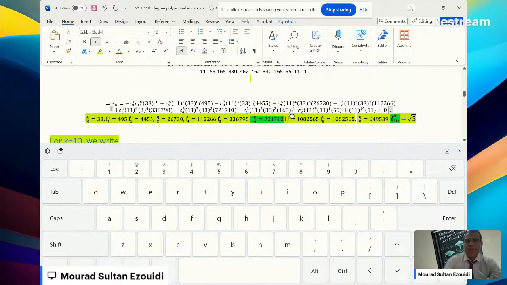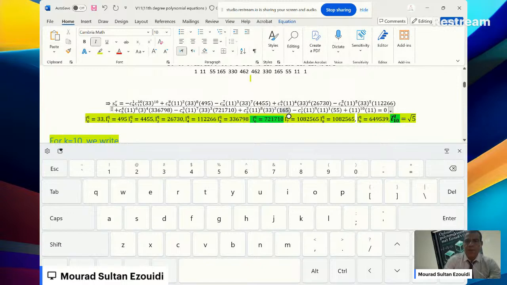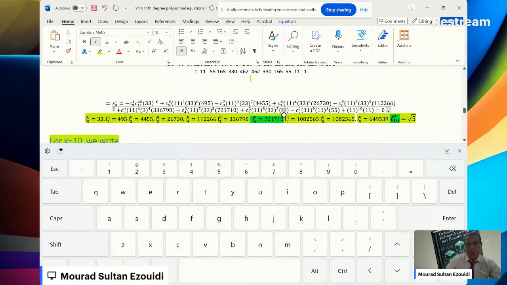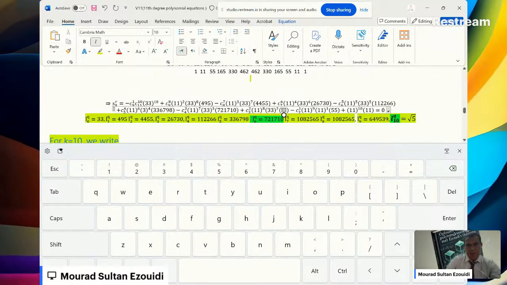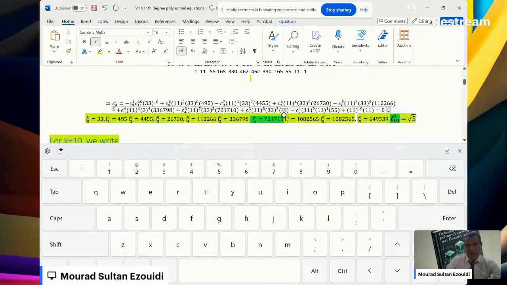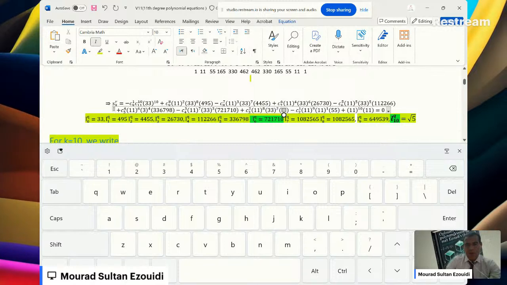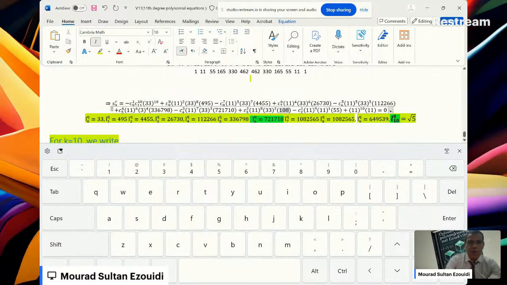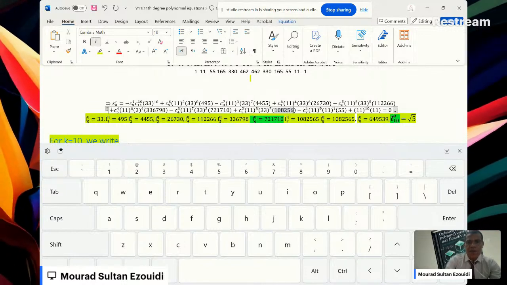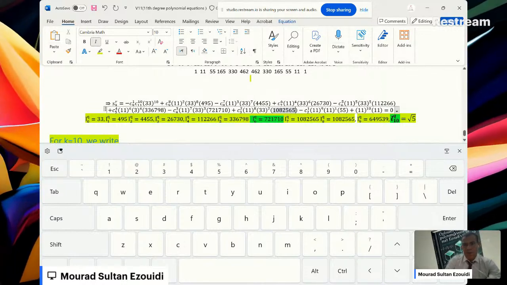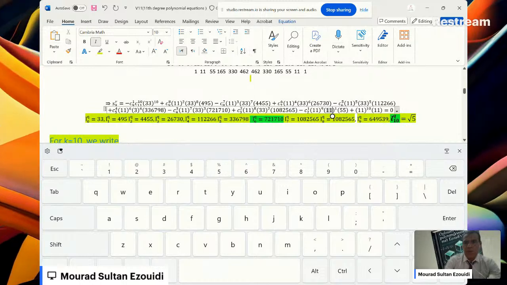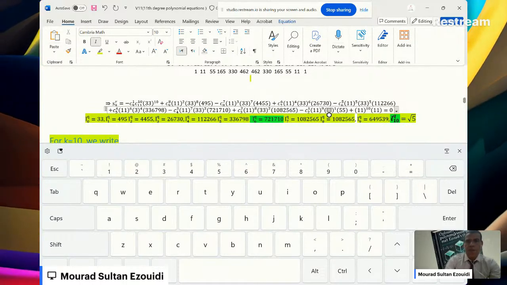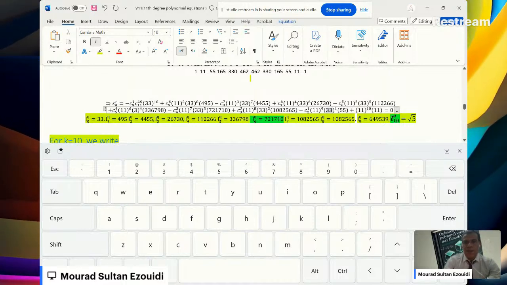50 minus, and here, and this one, times we got 721,710, we obtain 1,082,565. This is 33, 33, sorry.